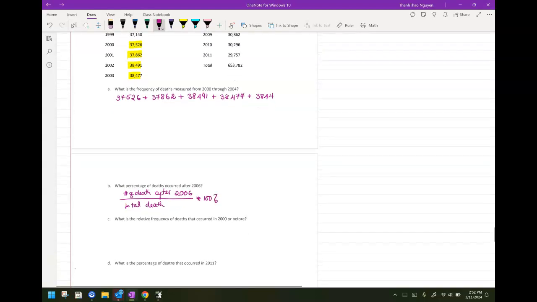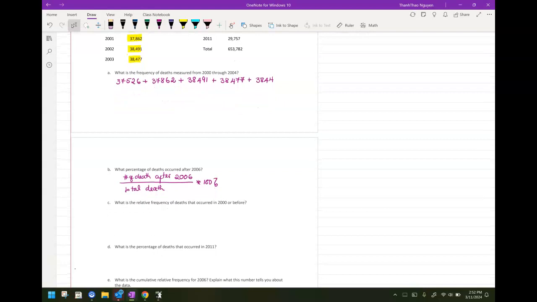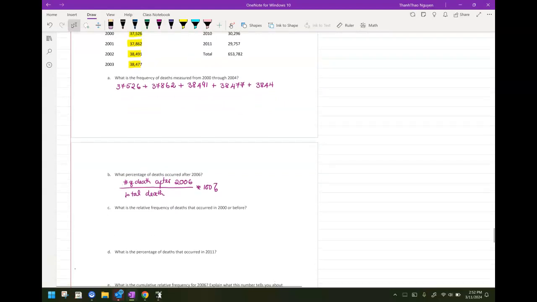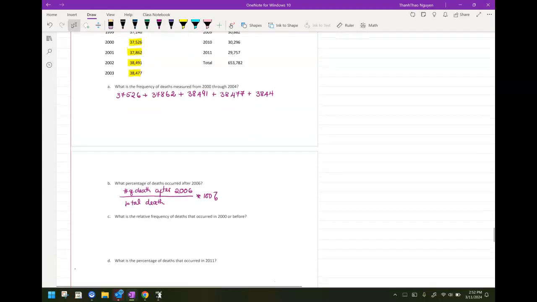In C, we're talking about the relative frequency of deaths that occurred in 2000 or before. So we need to calculate the number of deaths in 2000 and before. Starting at the year 2000 and before, add them all up, divide by the total.